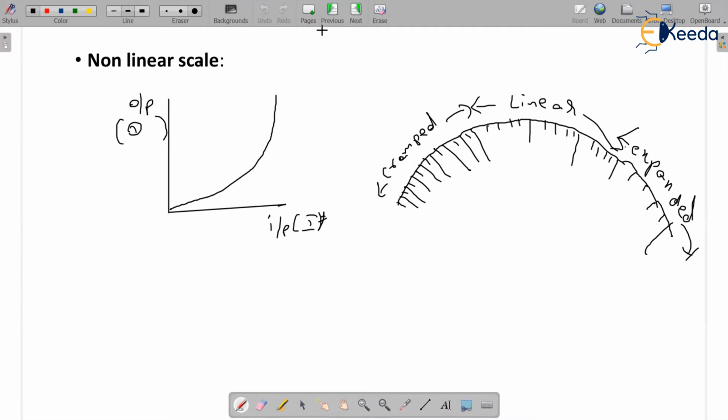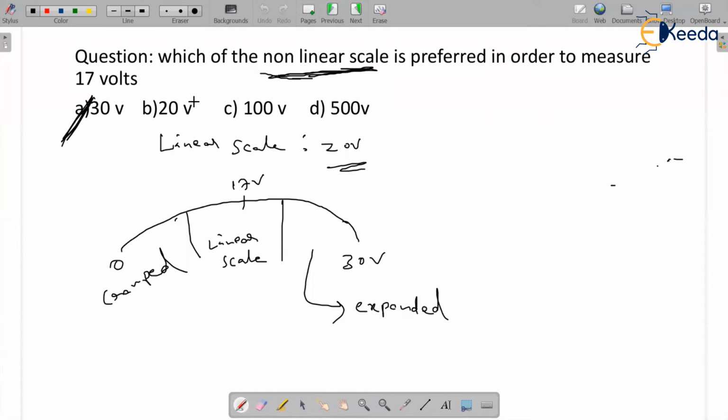Now next, a question: which non-linear scale is preferred in order to measure 7 volts, in order to measure 17 volts.